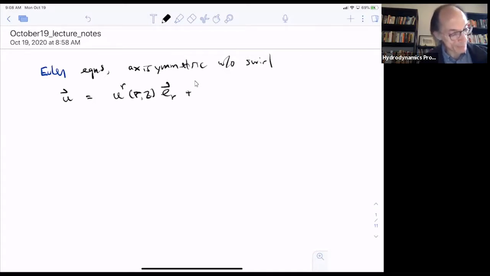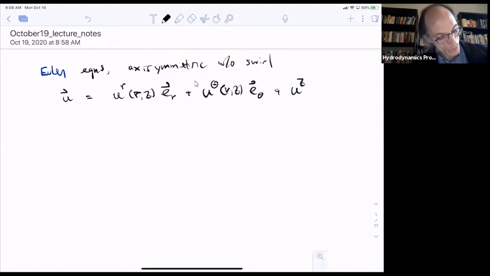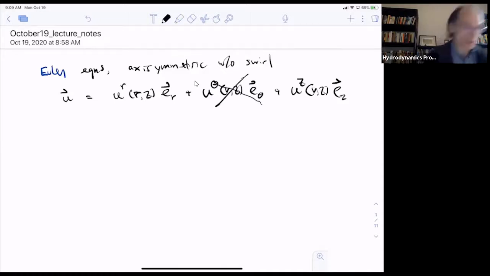And we assume, in addition, that there is no theta component. And so this is the axisymmetric without swirl ansatz.